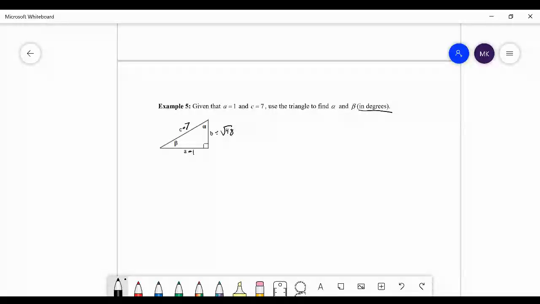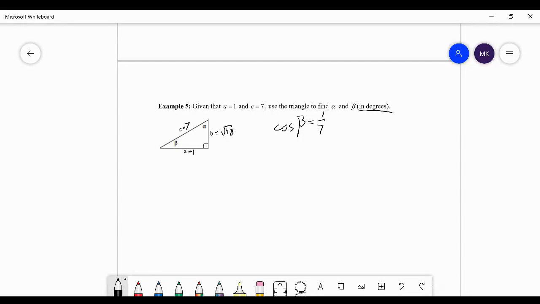We don't need to. Because if I'm looking at angle beta, I have its adjacent side and I have the hypotenuse, which means I know that cosine of beta is 1 over 7. How do I get rid of this cosine so that I can get just beta?